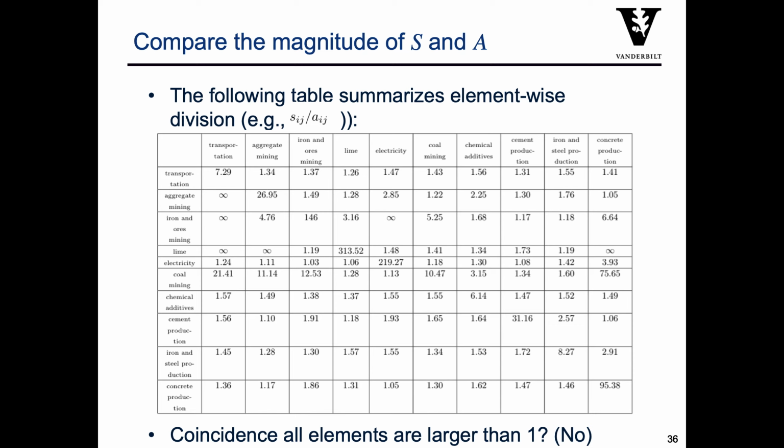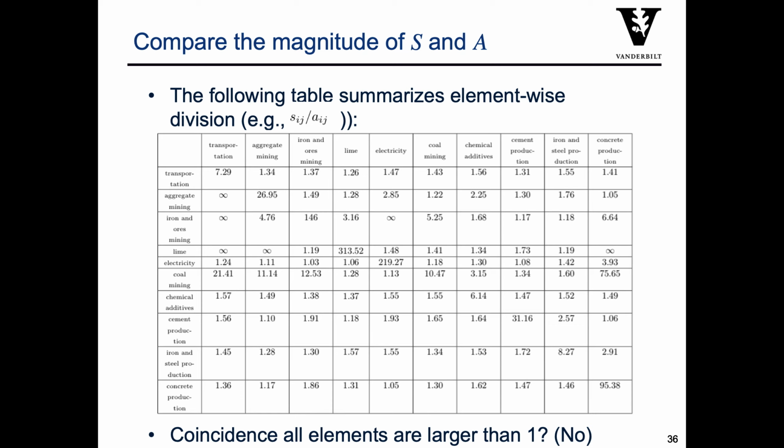Okay, another thing that you can do is you can look at the relative magnitude of Sij and Aij. The Sijs are all larger than the Aijs, and some are quite significantly larger. Well, remember that Sij has the interpretation: it's the total amount of output required for a final demand of $1 from sector J, where Aij has a different interpretation.